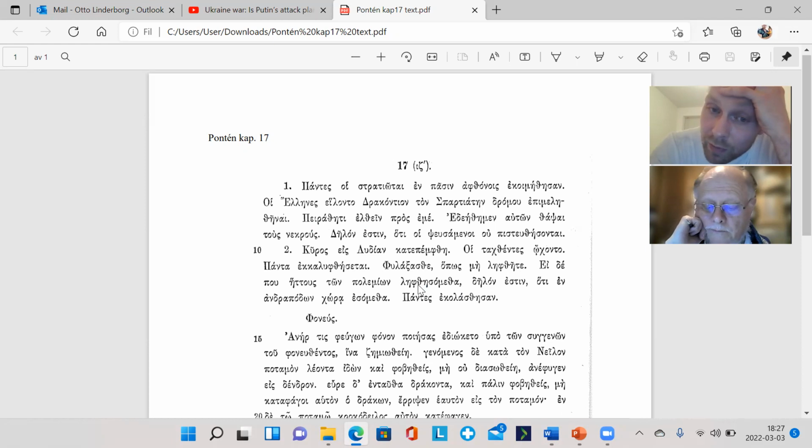So the basic form is Lambano, I capture, I catch. Maybe we will be caught. Yeah, because it's a first person plural, isn't it? Yes, exactly. That's the ending here. So plural ending. We will be caught.